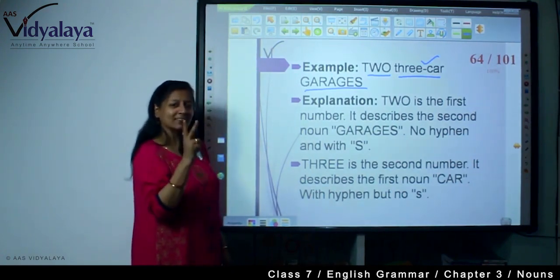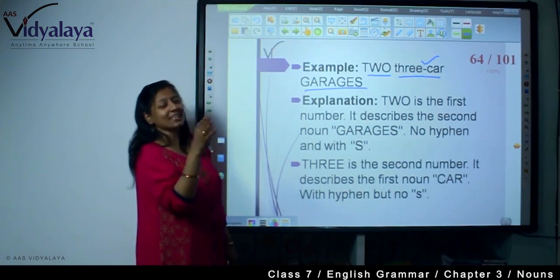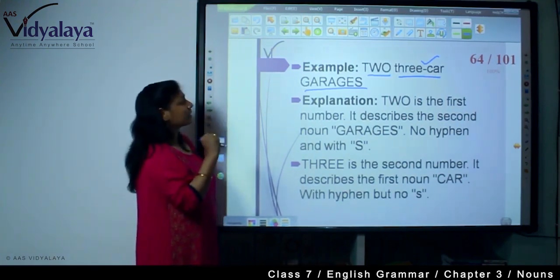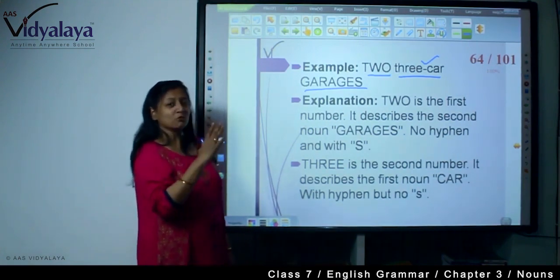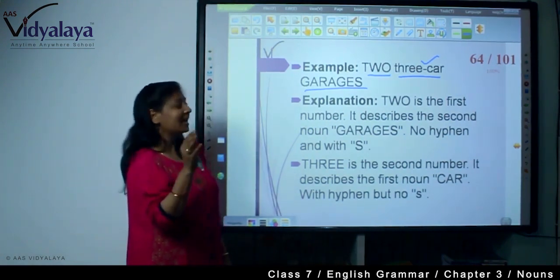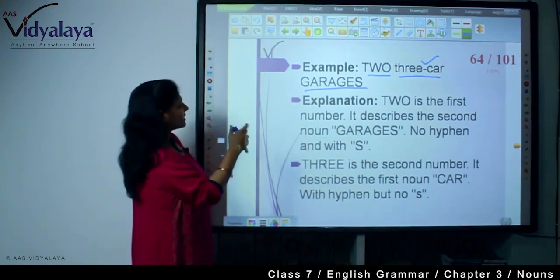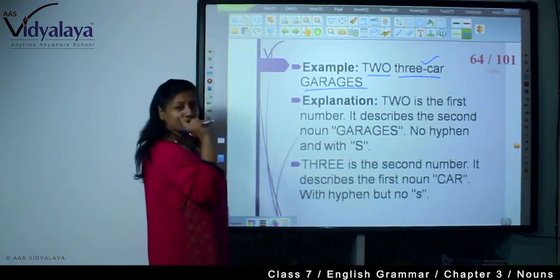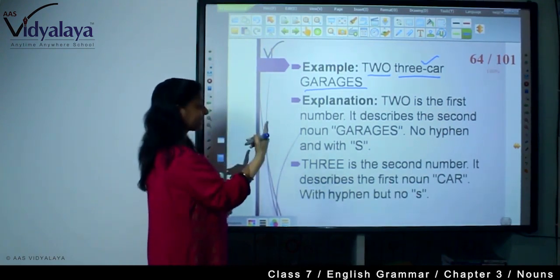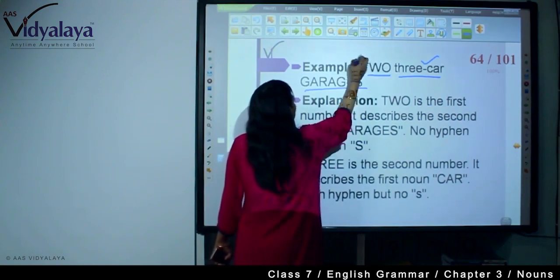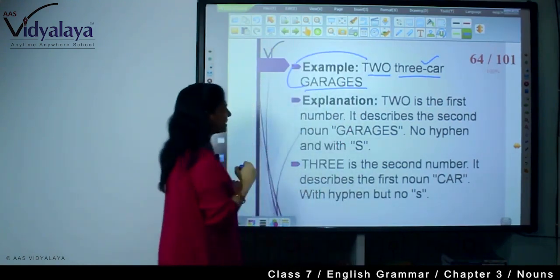That means I have 2 garages in which 3 cars can be kept. So in this way you are using both the rules and following both the rules, and together you are giving this example. Now 2 is the first number. It describes the second noun garages. This 2 is for these garages.